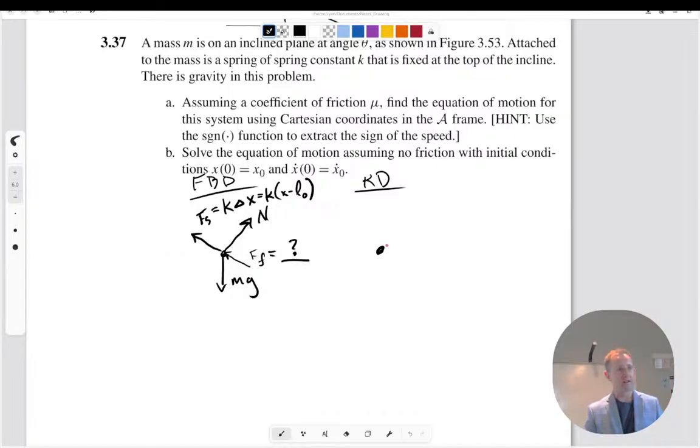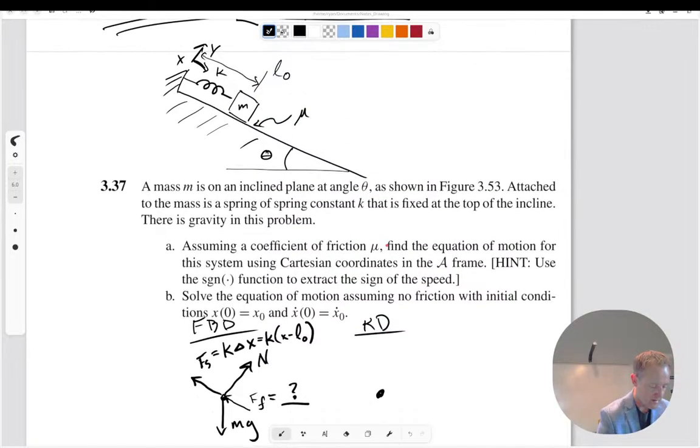What did MA look like? What's our mass times acceleration? Based on that drawing, it's in the direction of the slope. In that slope? Yeah. So again, I drew a coordinate system where x is the slope, so I only need to consider motion along that slope.